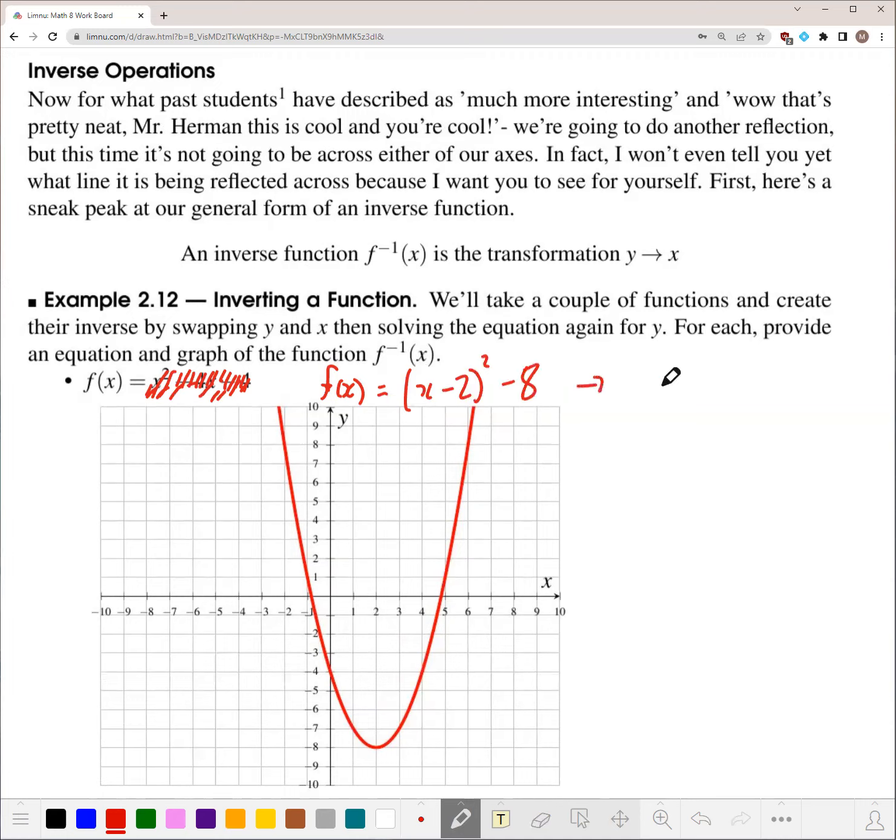Another way I can write that is like this: y equals x minus 2 squared minus 8. So I'm going to do an inversion: wherever I see x, I'm going to put y, and wherever I see y, I'm going to put x. And so I get this: x equals y minus 2 squared minus 8.